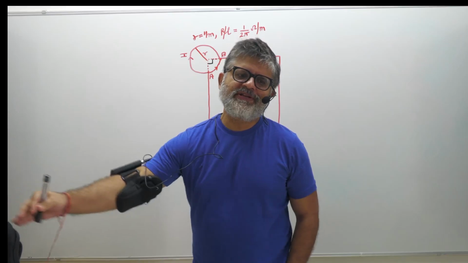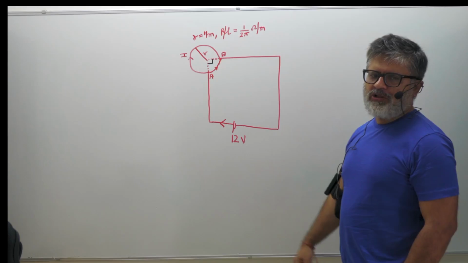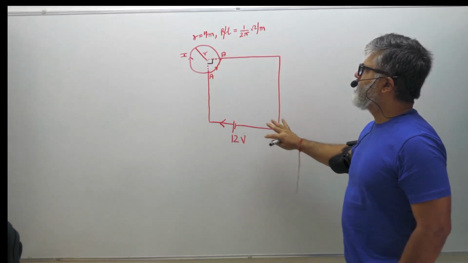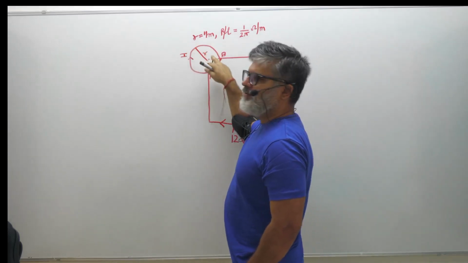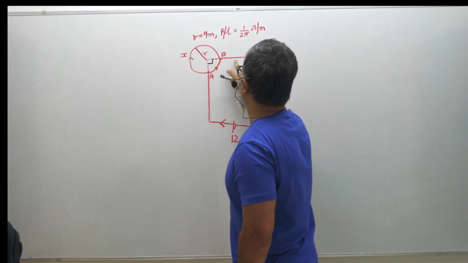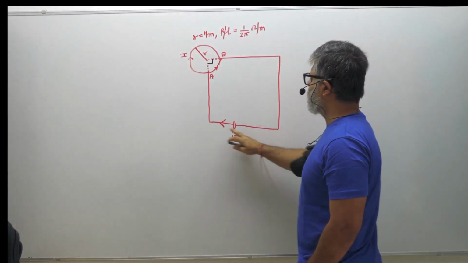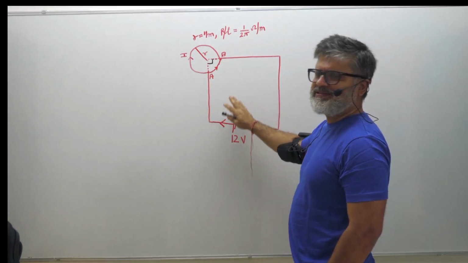If you look into this circuit, for example, although it appears to be a very large circuit, remember in the question what is given is that this circle is the one which has resistance. This square which you see is joining wires with no resistance, just a battery.